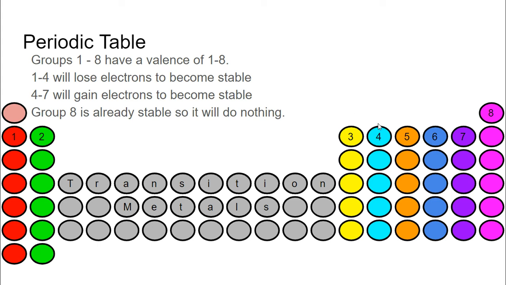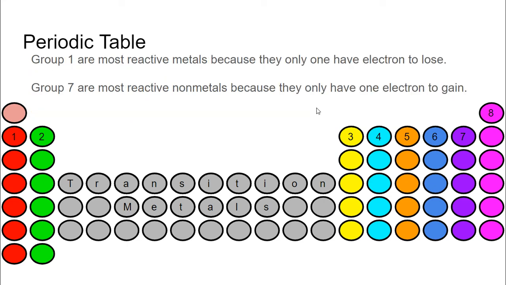Now, groups 4 through 7, those are going to gain electrons to become stable. They're going to gain electrons to get up to 8 electrons in their outside or valence shell. That's going to make them more negative over time. Group 8 already has 8 electrons, and so it's not going to do anything. It's going to remain neutral.